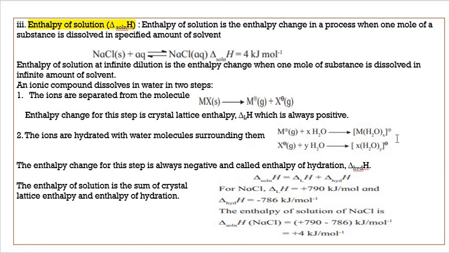And the enthalpy change for this step is always negative, and this is called enthalpy of hydration, delta hyd capital H. And the enthalpy of solution is the sum of crystal lattice enthalpy and enthalpy of hydration. In this way, delta solution H is equal to delta L H plus delta hyd H. And on summation of both the values, we will get the enthalpy of solution.